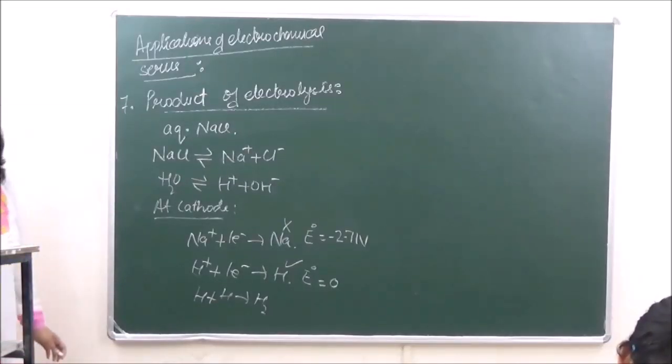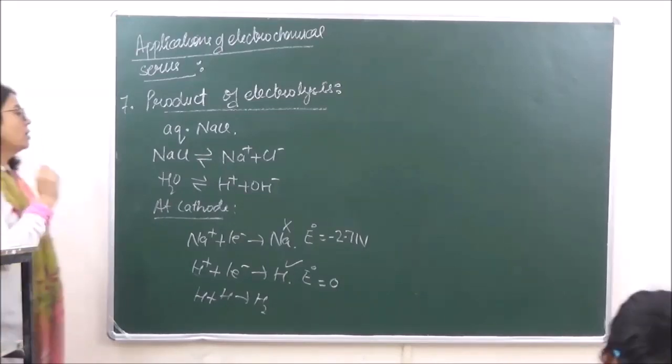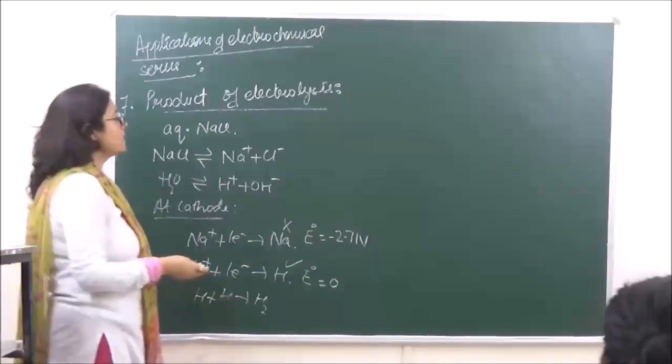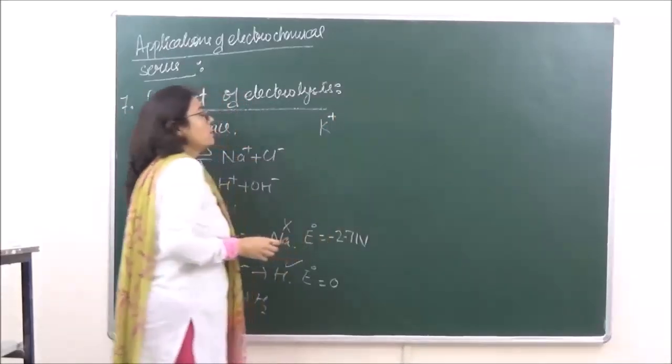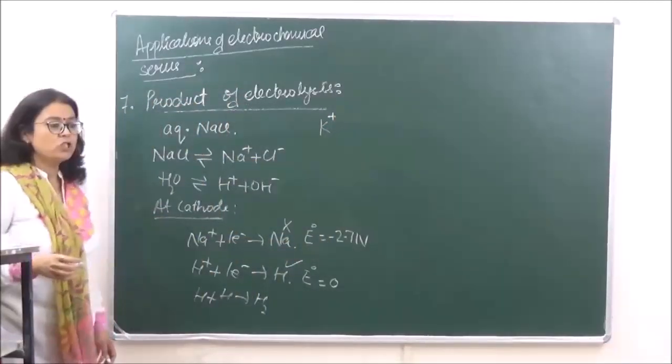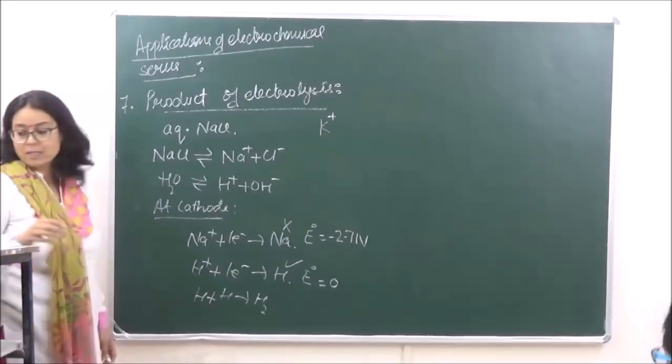So if we are taking the cations alone, according to the electrochemical series, the increasing order of deposition at the cathode is going to be this.